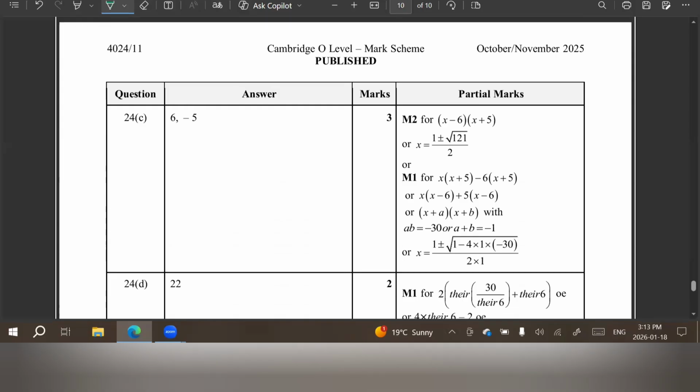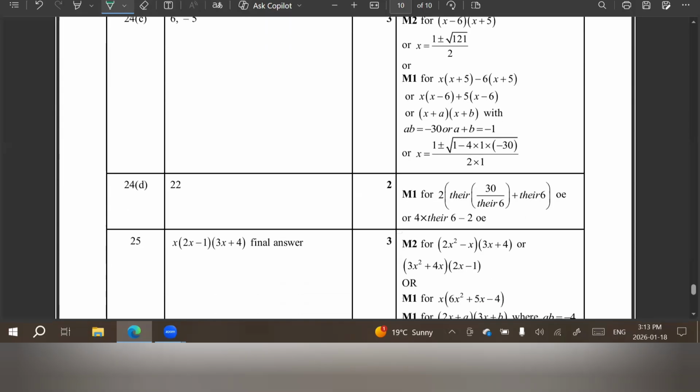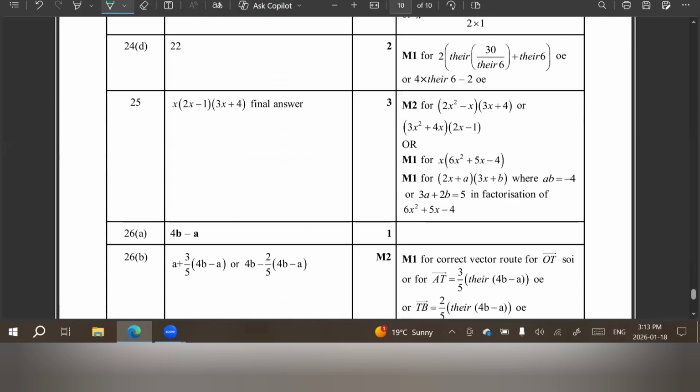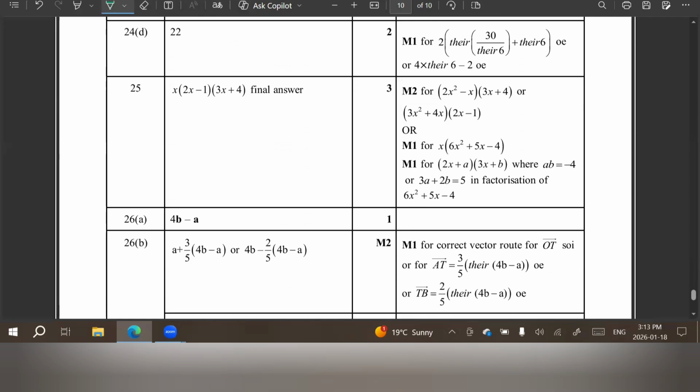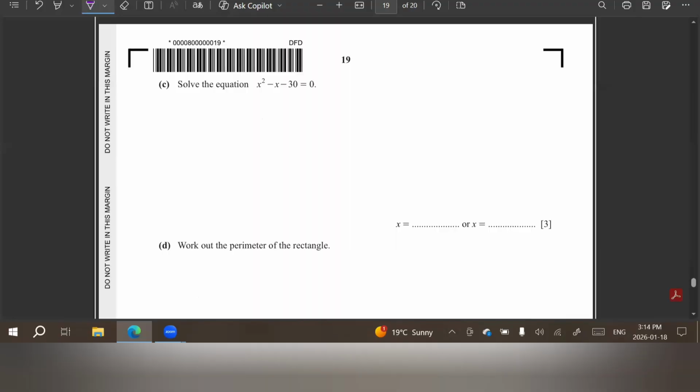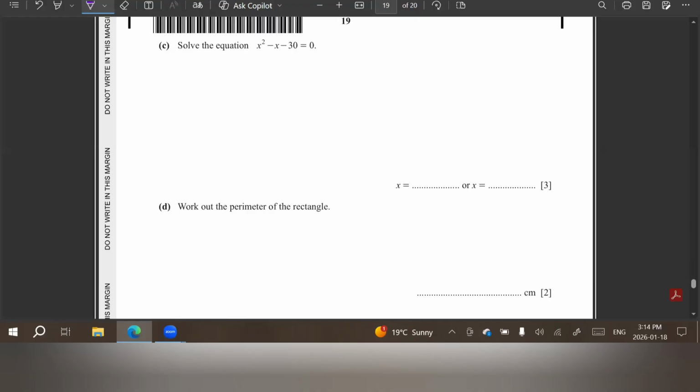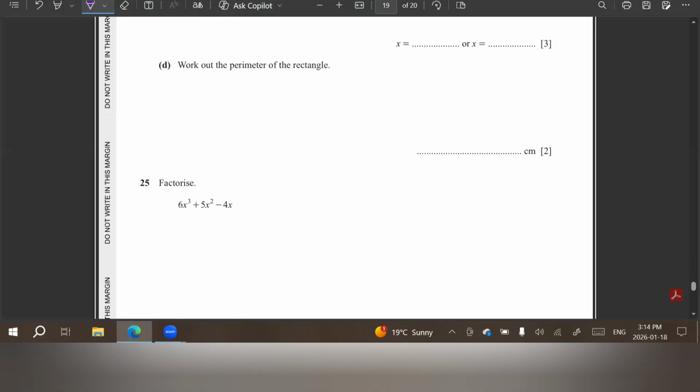Then we have question number 24. We have to work out the perimeter of this rectangle. Once you know the value of x, you can easily find the perimeter of the rectangle. That is 2 length plus 2 width.